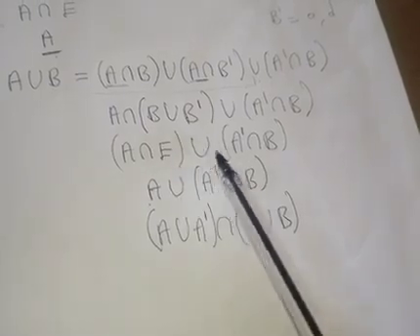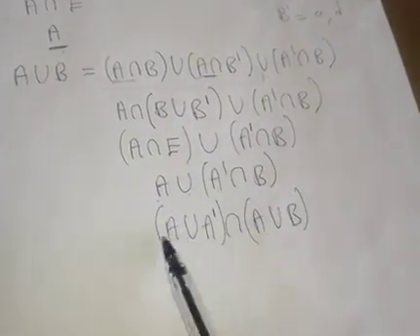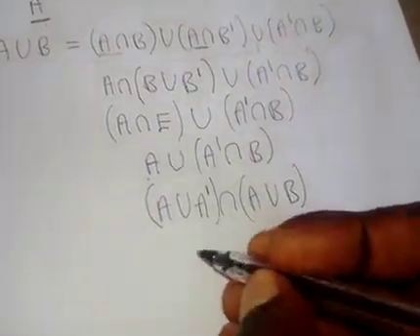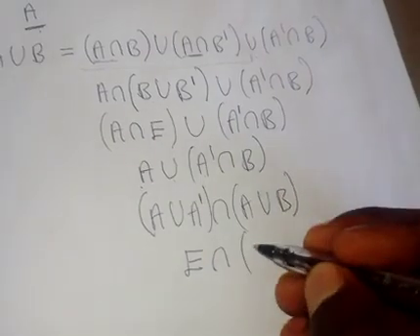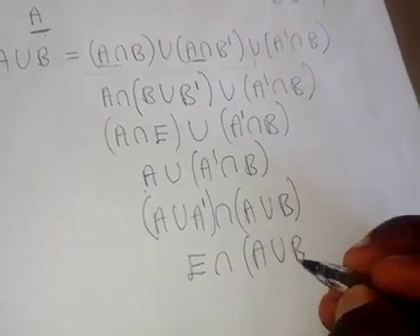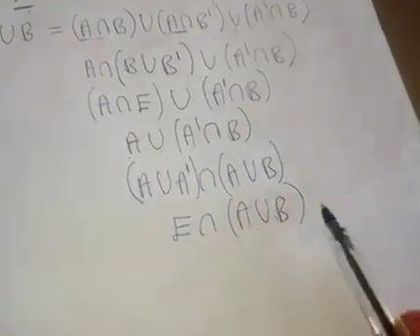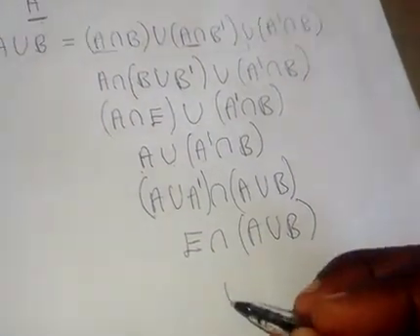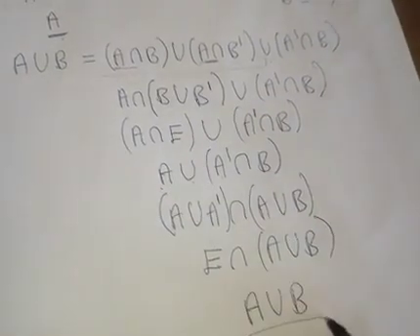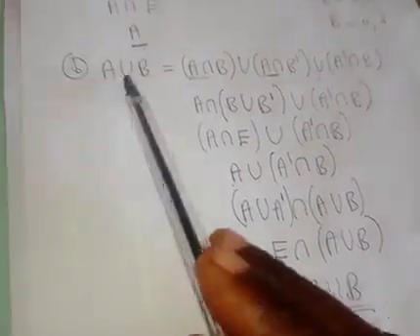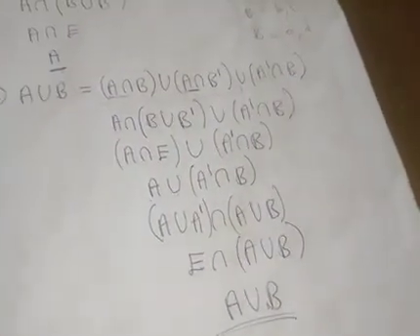Similar to B union B complement, it gives the universal set. So the universal set intersect A union B gives that same set, A union B. That's the answer, one and the same.